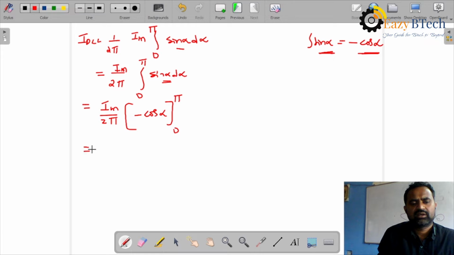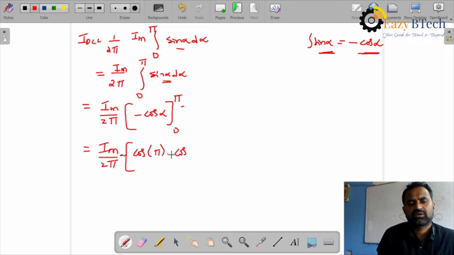Now you get Im by 2 pi, and you can take the minus outside: minus of cos pi minus cos 0.